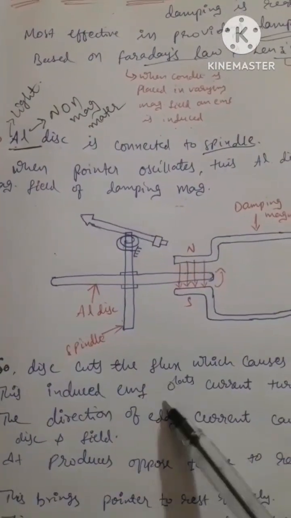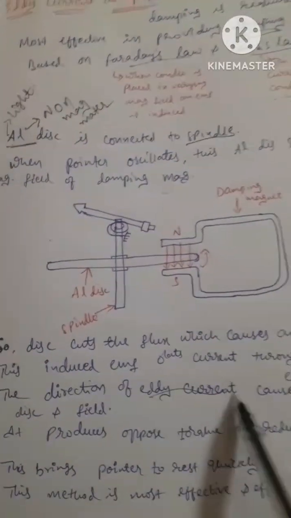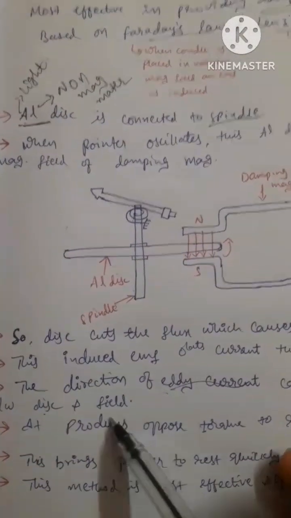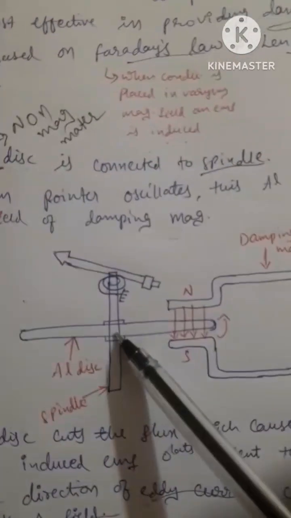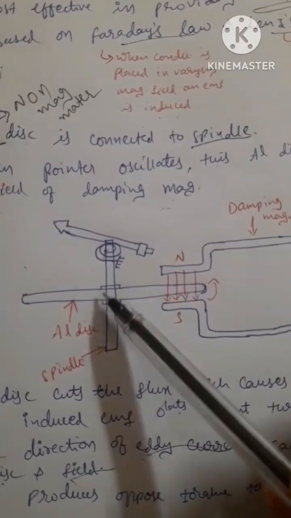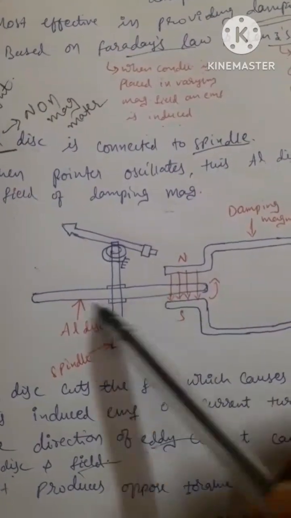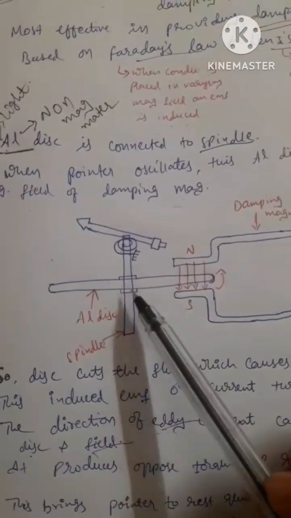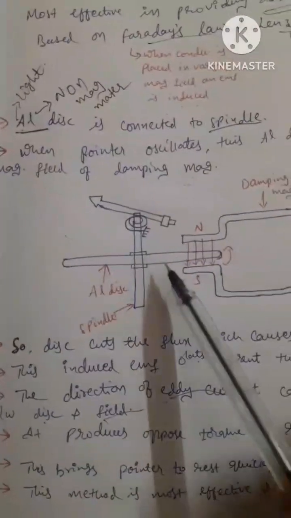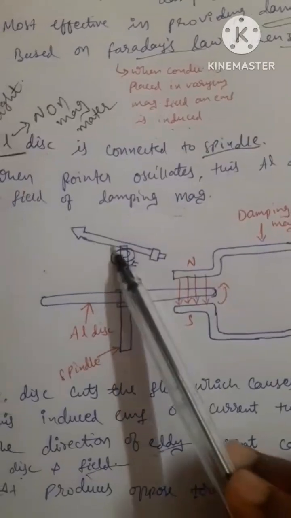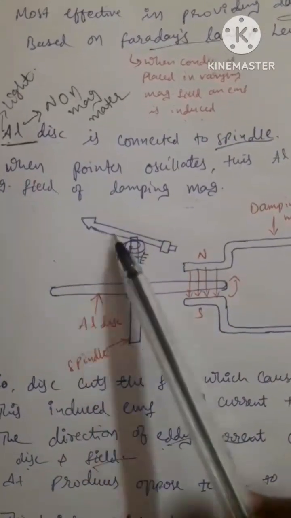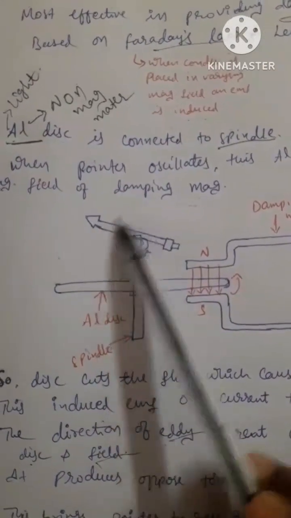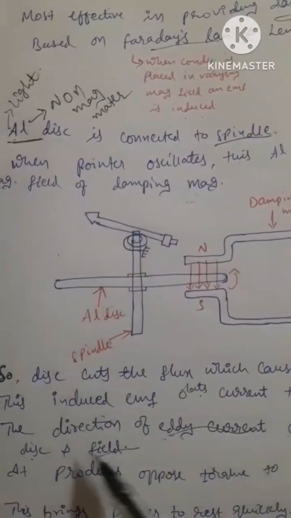The relative motion between the disc and the field causes these circulating currents, which produce an opposing torque, so the pointer stops oscillating due to the damping torque.